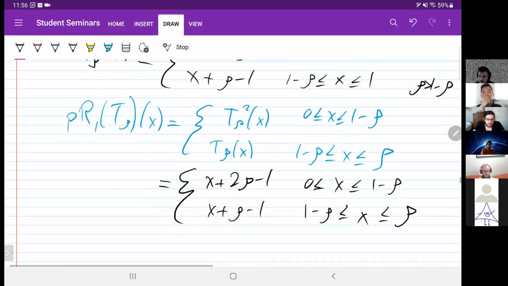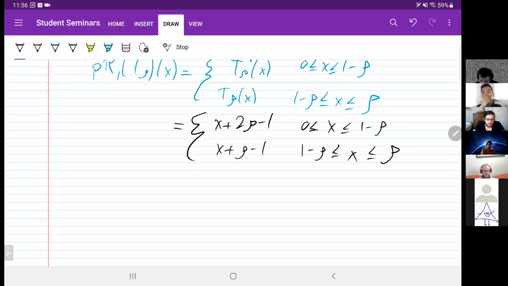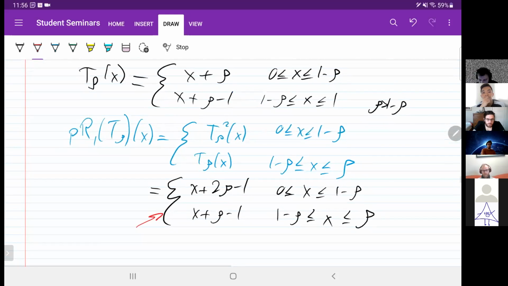What I'll note here is that this does not look so different than what we started with. The x dependence isn't more complicated. It's still like this linear pure rotation. The only question is, how much does this rotate by?